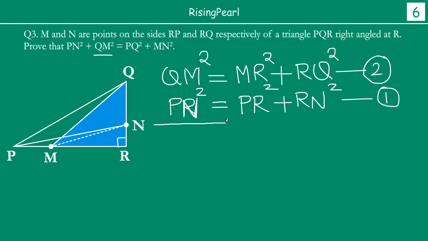Now we want to add equation 1 and 2. So we have to add the left hand side terms together. That will be equal to the right hand side terms together.